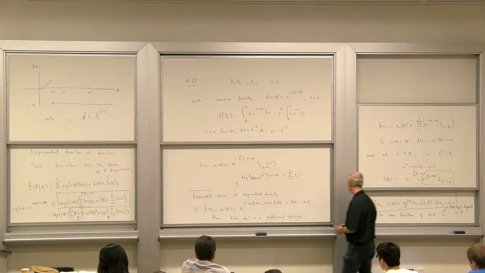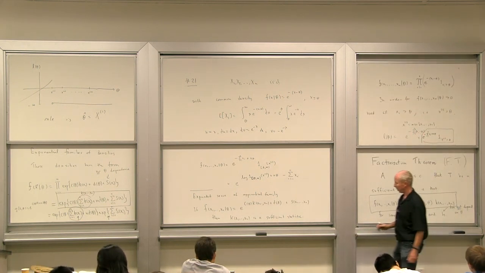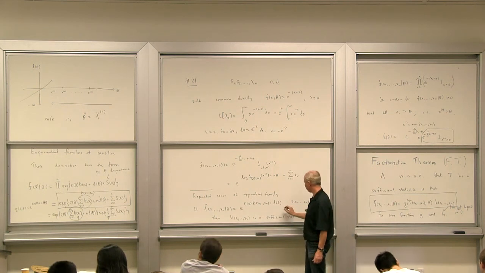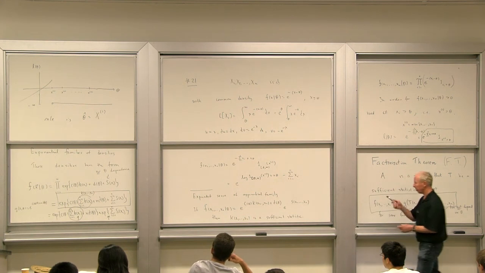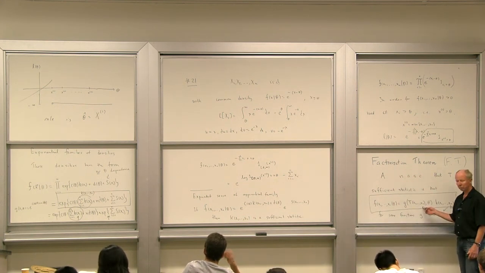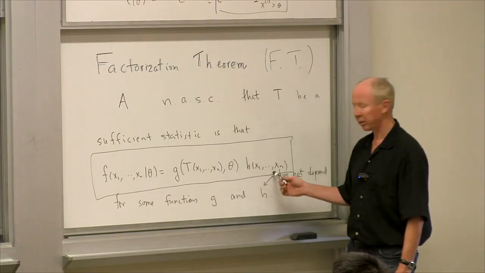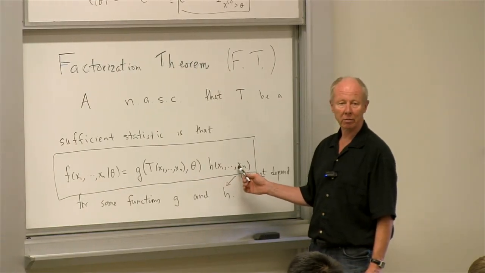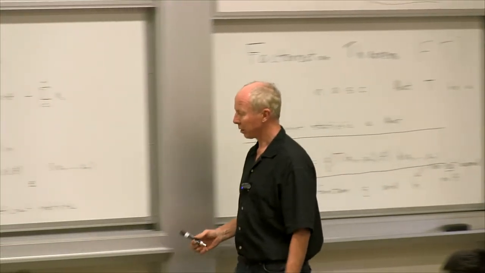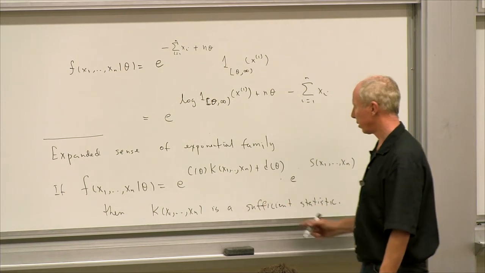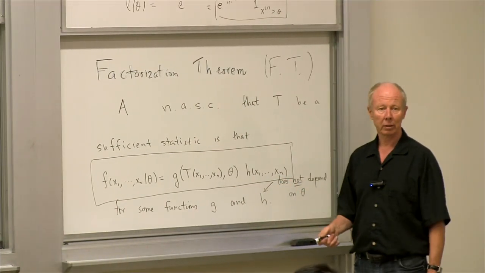Okay, and let's go back to the factorization theorem. With this plus here, I could write this as a product of e to that and e to this, right? So the first exponential is this guy here, where k is t. And the second one has no dependence on theta. So in this case, k is a sufficient statistic because that's the factorization you need here.